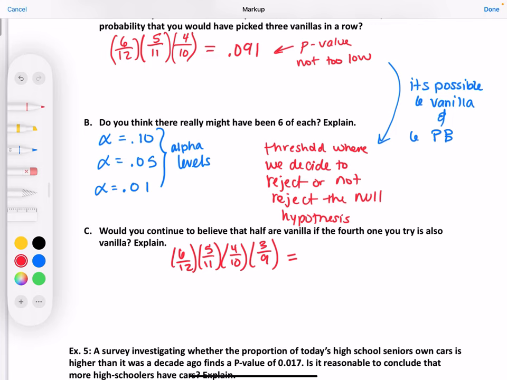Let's calculate for this one. 0.03. So this p-value is low.